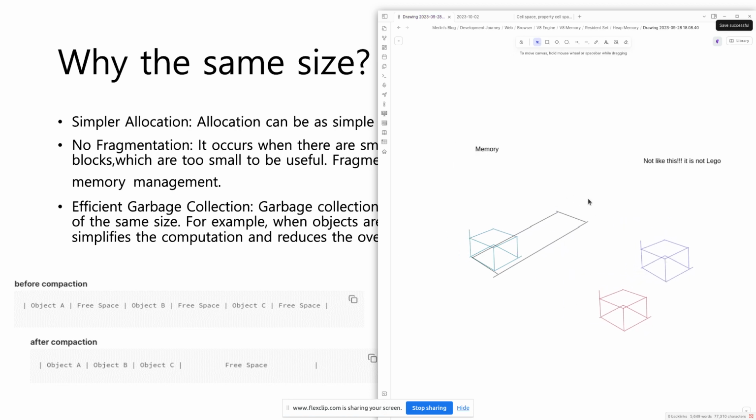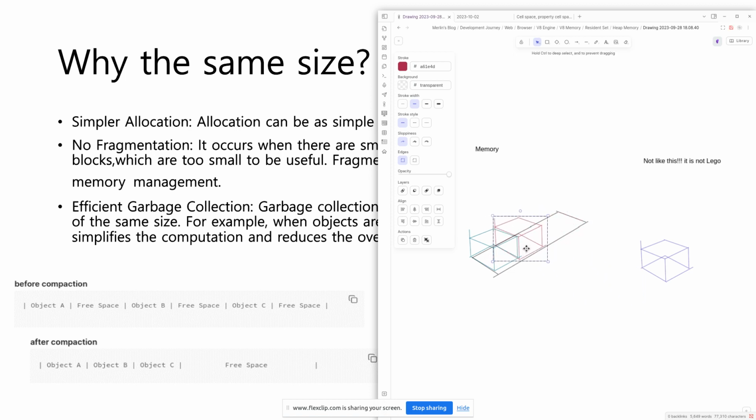Before, this was also my mistake. When you store data in memory, it is not like Lego, so it doesn't look like this.